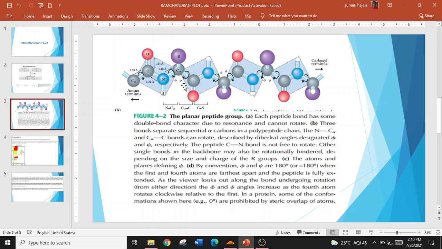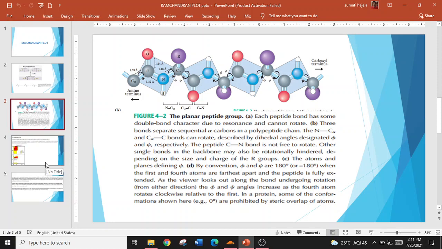Now we are coming to the main topic. This was the basis of the Ramachandran plot. Whatever I have told you till now makes the basis for the Ramachandran plot. The Ramachandran plot shows the conformations permitted for most amino acid residues. The conformation of the main chain of a polypeptide is fully defined when the phi and psi angles for each amino acid residue are known.